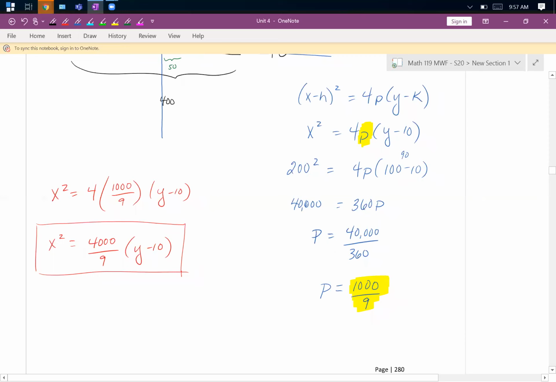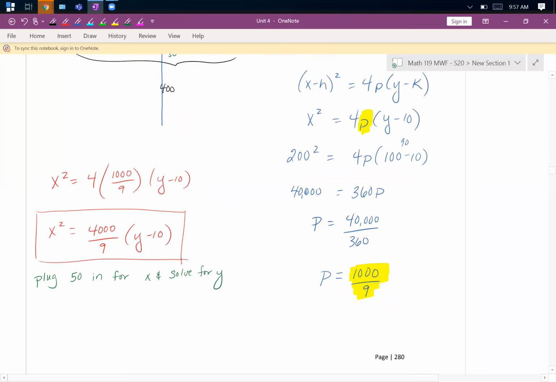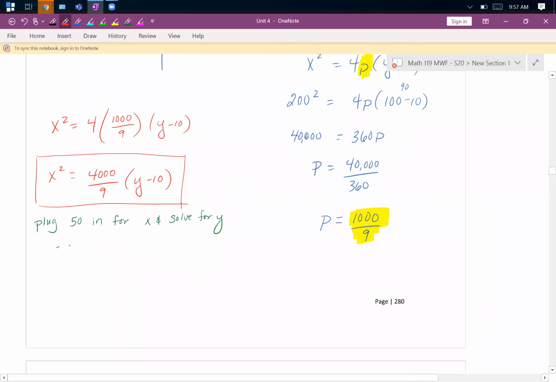We're going to plug 50 in for x and then solve for y. So that'll be 50 squared equals 4,000 over 9 times y minus 10.